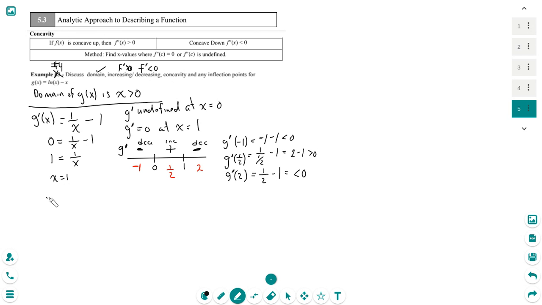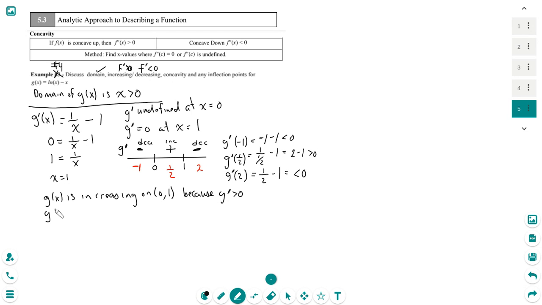All right, so let's write that. g of x is increasing on the interval from 0 to 1 because g prime is greater than 0.